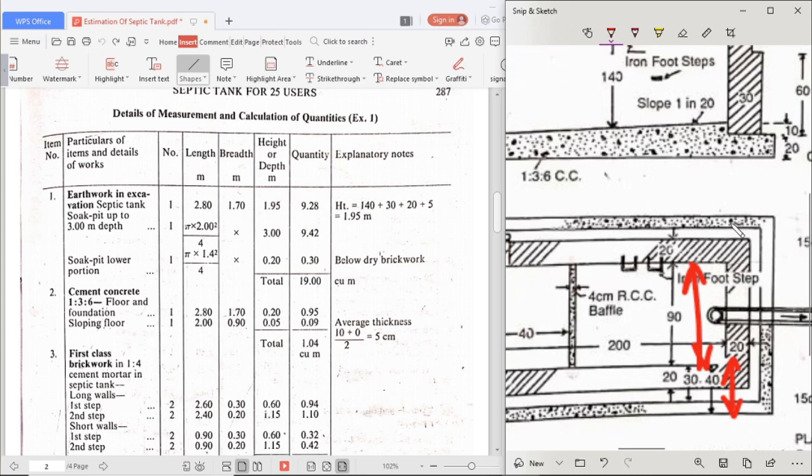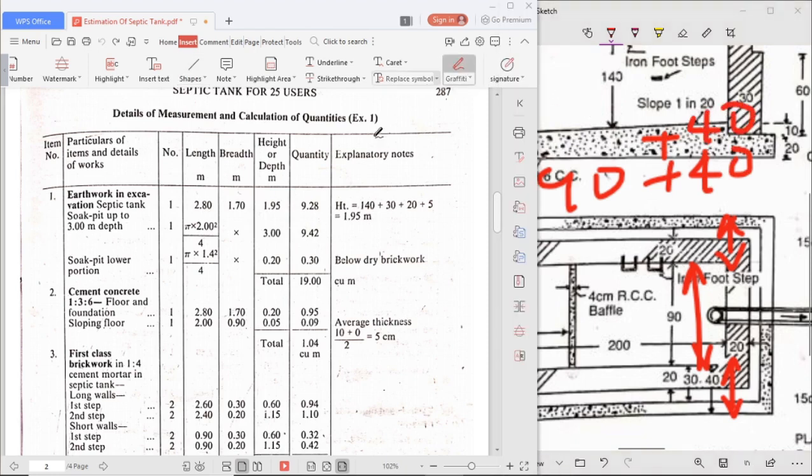Okay, 90 plus 40 plus 40. We will get the breadth, that is 1.70. 90 plus 40, 130 plus 40, 170. We are getting 170.